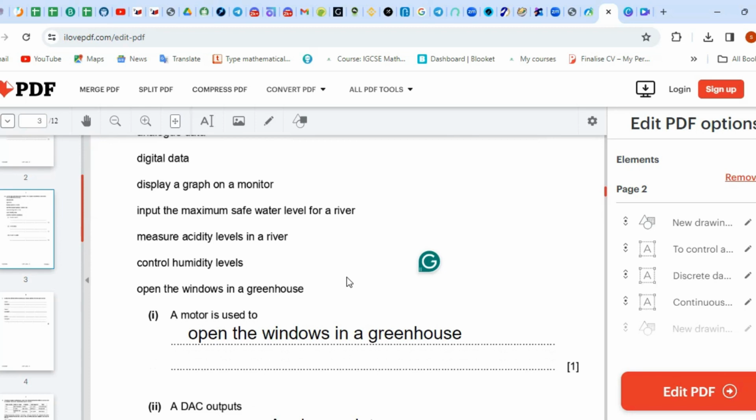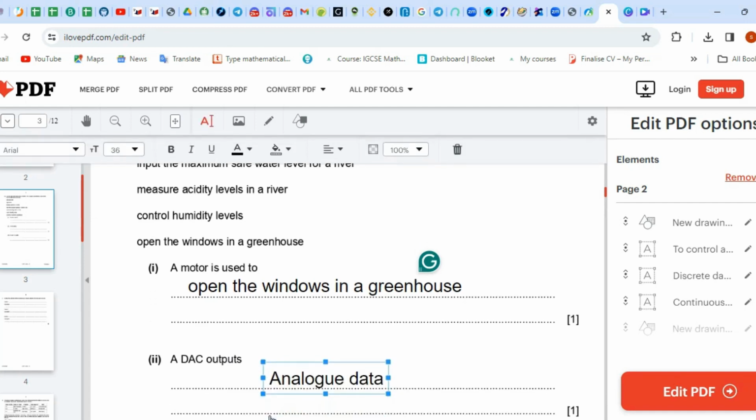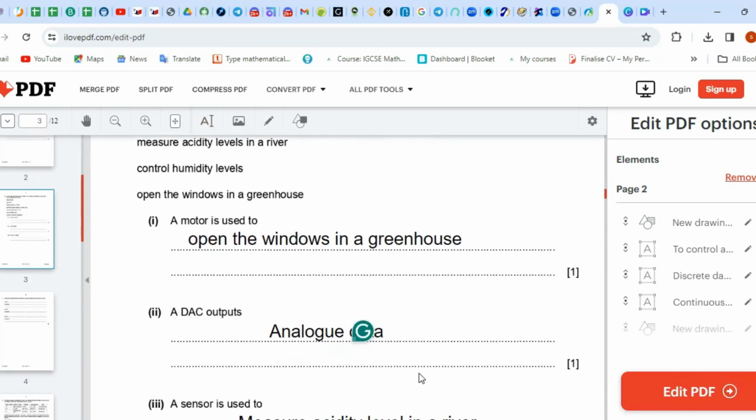Question 2 says a DAC output. What do we use a DAC output for? Yes, that's correct. Analog data. That's what we use a DAC output for. The third one says, a sensor is used to do what?